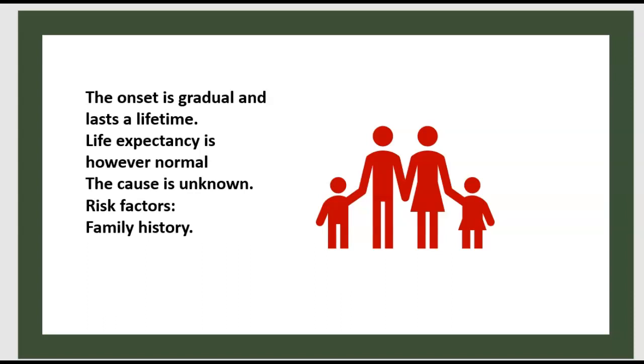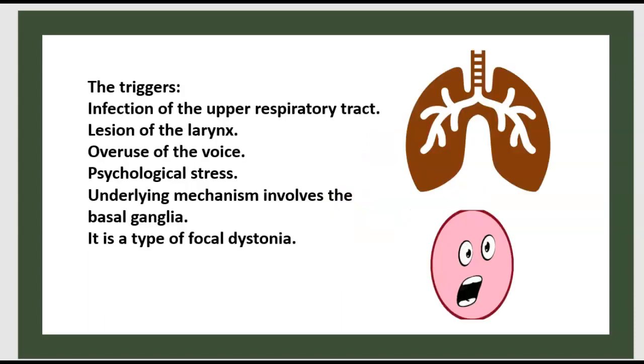The cause is unknown. Risk factors include family history. Triggers include infection of the upper respiratory tract, lesion of the larynx, overuse of the voice, and psychological stress. The underlying mechanism involves the basal ganglia. It is a type of focal dystonia.